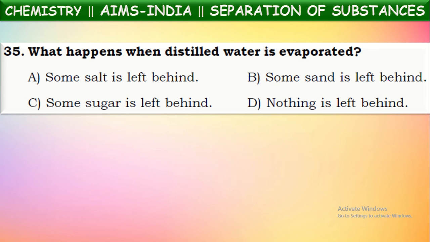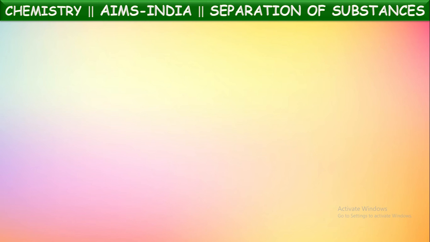All the water molecules will be evaporated off. Then no substance remains in the container. Or you can say nothing is left behind because it does not contain any impurities in it. It contains no other particles, only water molecules. So water molecules will be evaporated off, and nothing will be left behind. That will be the correct answer. Got it? Next.